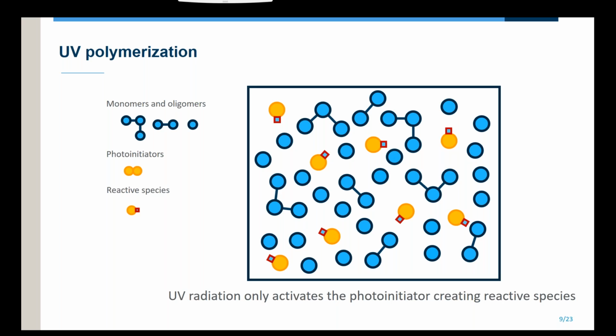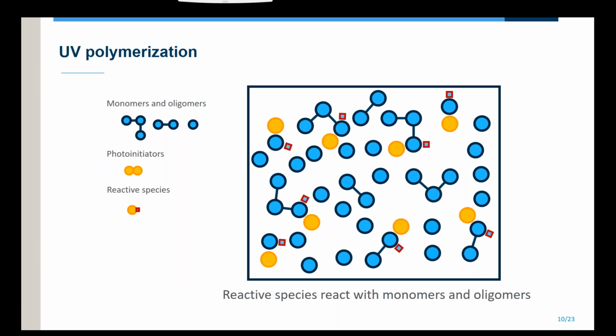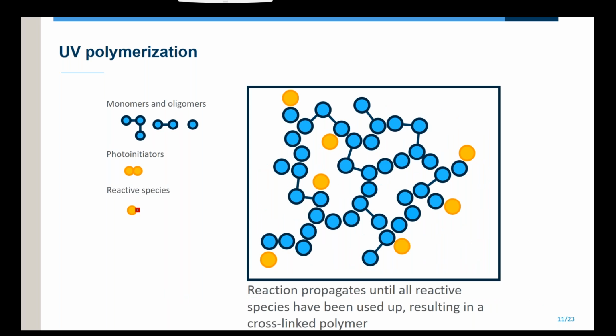And then after the UV lamp goes over the resin, the photoinitiators turn into reactive species, and these react with the monomers, and consequently the reaction continues until all the material is used up, and then we have a cross-linked polymer.